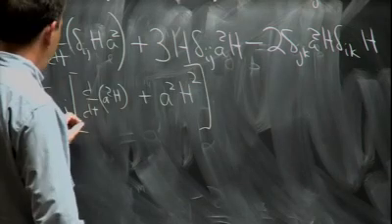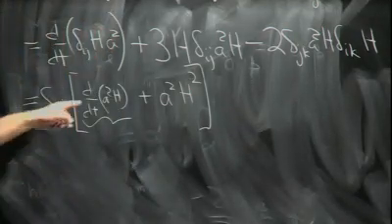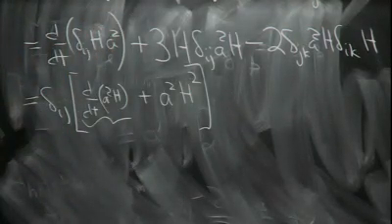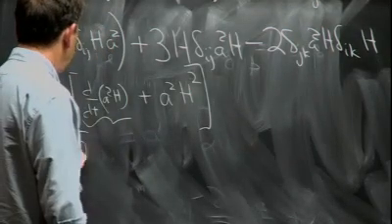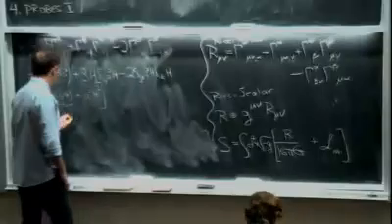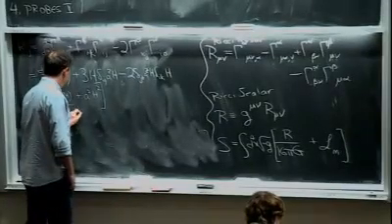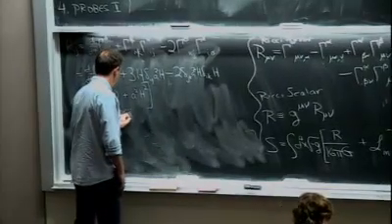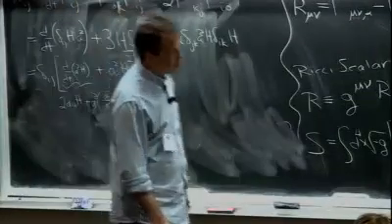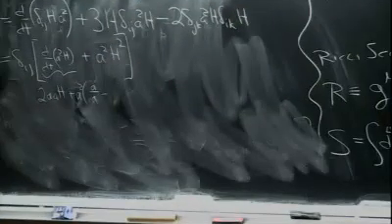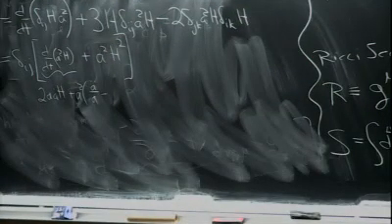Then this thing over here, when we act on the scale factor, we have a factor of 2a dot h. And when we act on the h, we know what that is. It's got an a squared out in front, and then it's a double dot over a minus h squared.